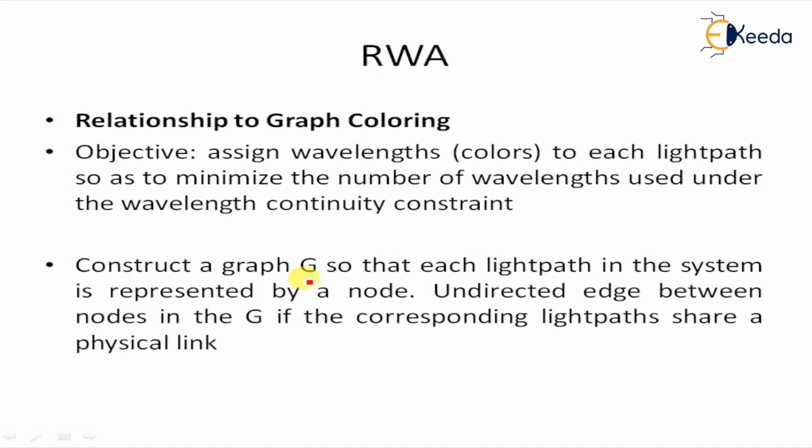In relating to graph coloring, the objective is to assign a wavelength, or wavelength in terms of a color, to each light path so as to minimize the number of wavelengths used under the wavelength continuity constraint. We construct a graph G so that each light path in the system is represented by a node.